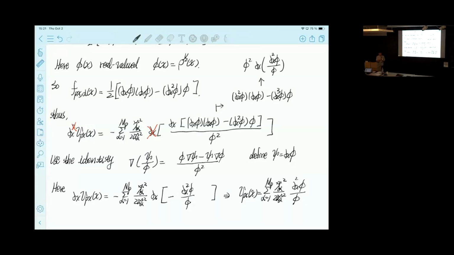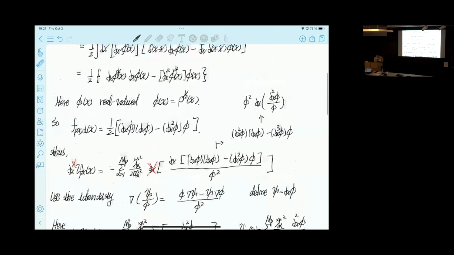How many people are still stuck in problem 1? Okay, so I think this is some mathematical challenge here. Maybe I can just go through very quickly.